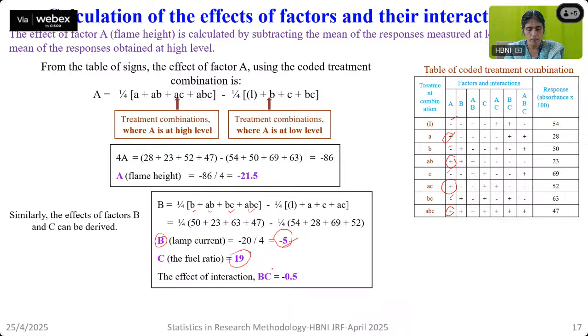And if B and C, the lamp current and the fuel ratio, interact, they both have some common interaction point and give the outcome, then again you see there is a negative impact, but the numerical value is small. So the combined impact of B and C is a reduction in the absorption intensity, but the reduction is marginal.